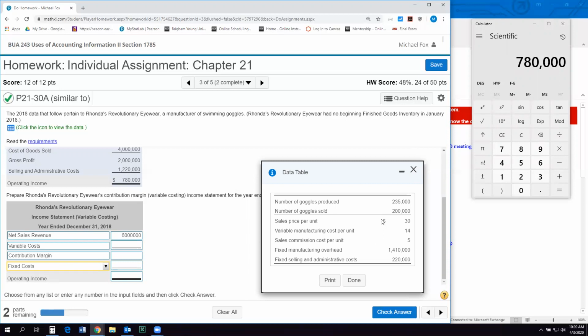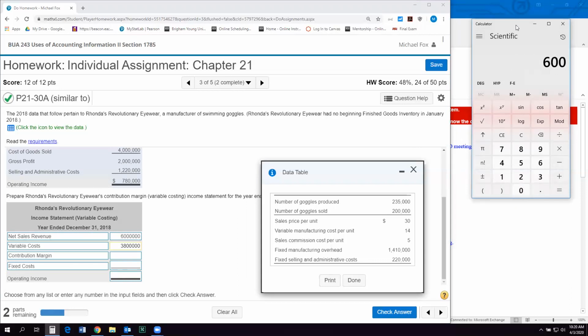So our variable costs were the $30, I'm sorry, no, the $14 in manufacturing cost plus the $5 in sales commission. So this is my total variable cost per unit, which is $19. So I'm going to take $19 times the number of units sold. My variable costs were 3,800,000. My contribution margin is just the 6 million in sales minus the 3,800,000 in variable costs, so 2,200,000.